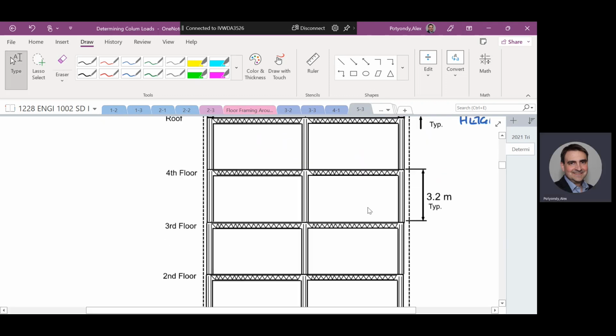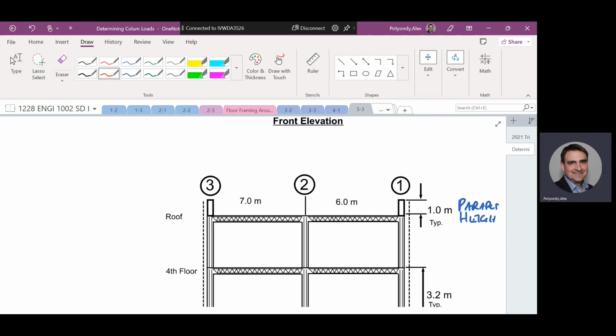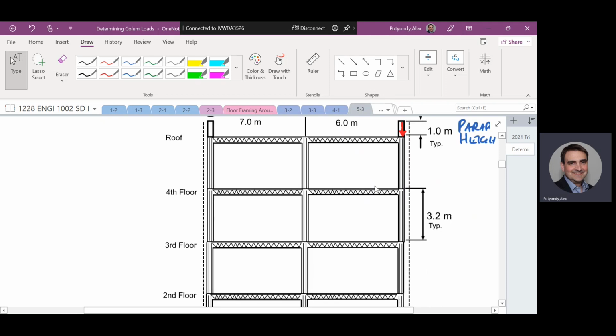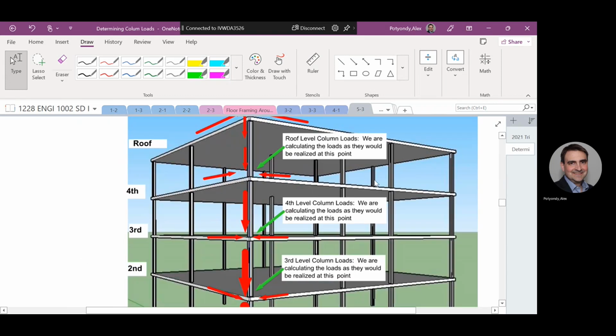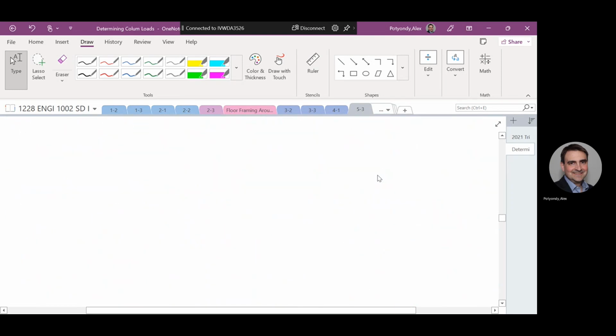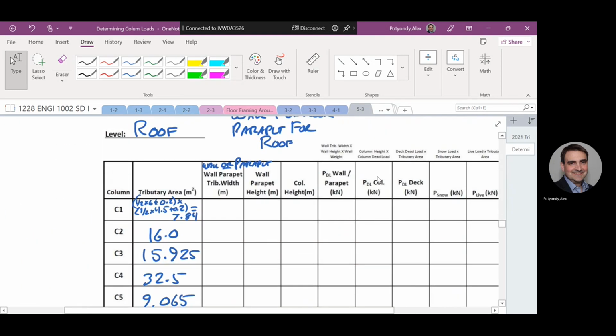And this is the load that is being applied from the parapet onto my floor. So that is what I put in there for that 1 meter in that table. For the roof level, I'm going to cross out wall. And it's the parapet, and the height here is going to be 1.0 meter.